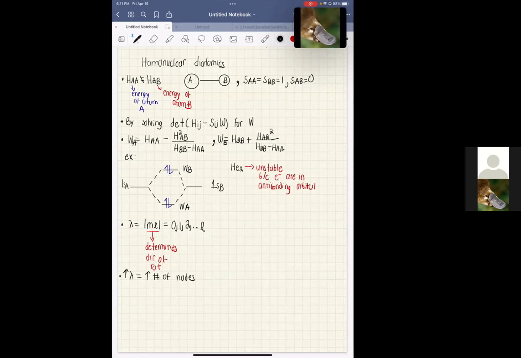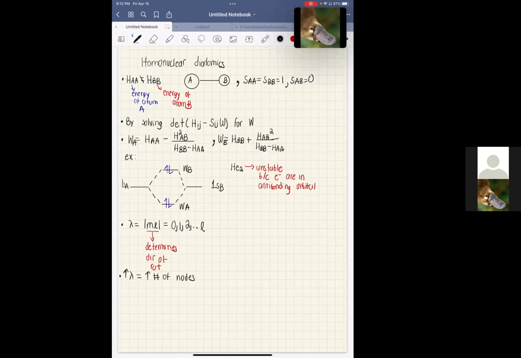Okay, it's talking about homonuclear diatomics. So basically, it has to do with making a bond, a molecular orbital diagram, and we're talking about where it came from, solving from understanding these concepts. As I said before, HAA and HBB are different.